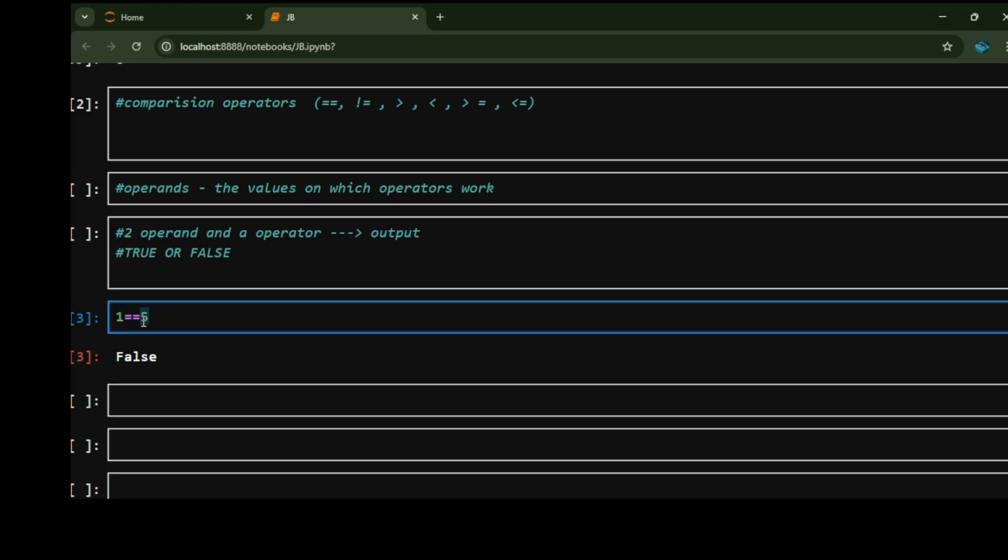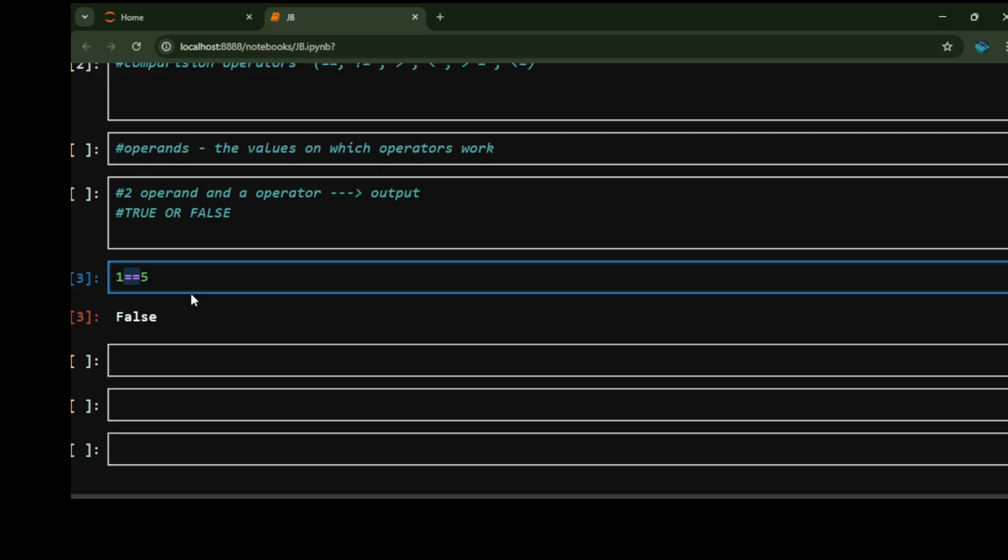If this is true, then the value will be true. If these are not equal, then the value will be false. So this is the comparison operator to check whether both side values are equal or not. This is called the equal to comparison operator. When this is true, the output will be true, otherwise the output will be false.